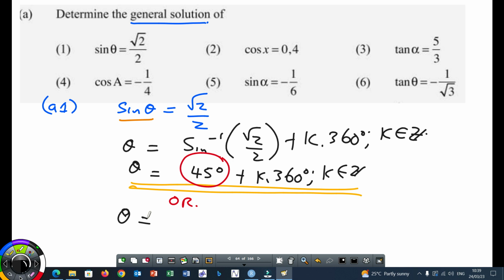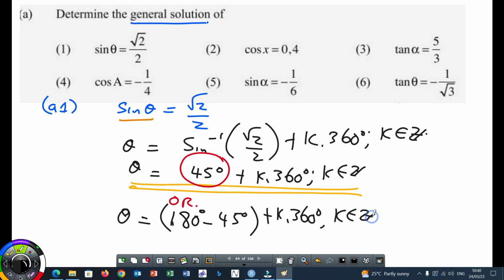You subtract this acute angle from 180. So 180 degrees minus 45 plus k times 360, where k is an integer. So your theta is going to be 135 degrees plus k times 360 degrees, where k is an integer.